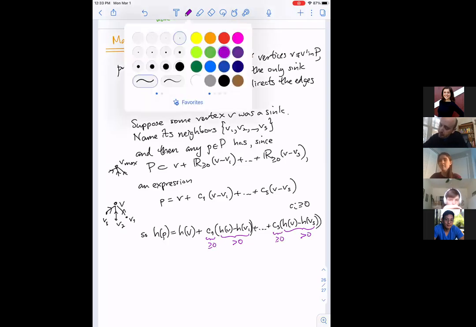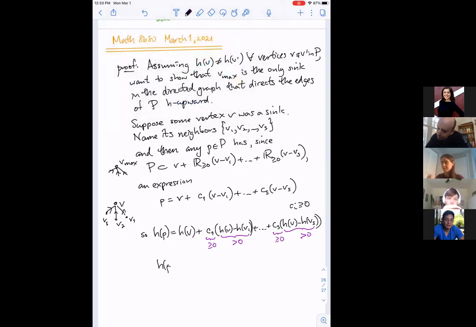And so that means that, what have I done? Now, h of v minus h of v1, negative. I exactly wrote them backward.